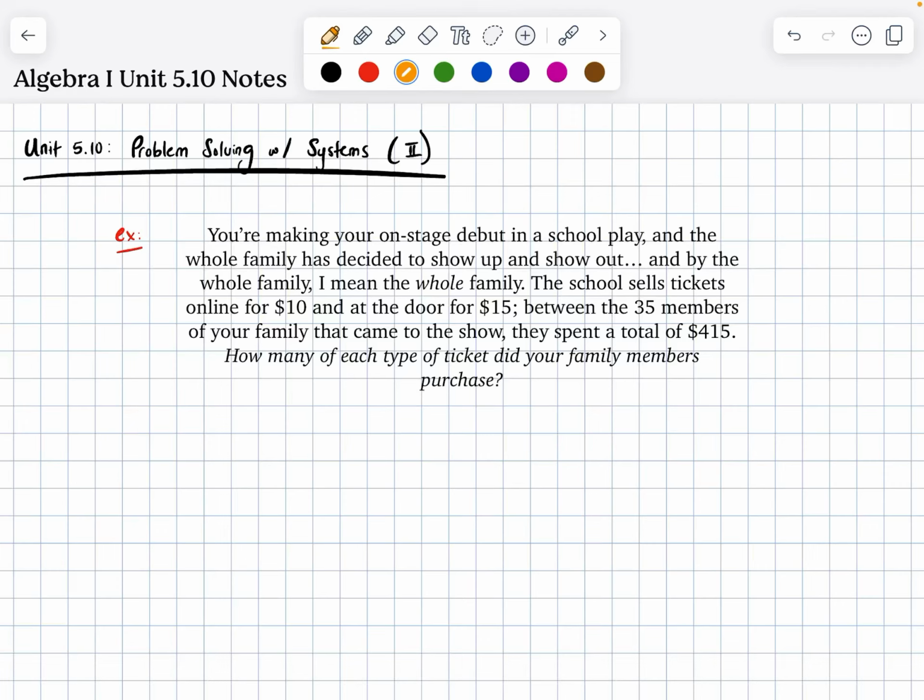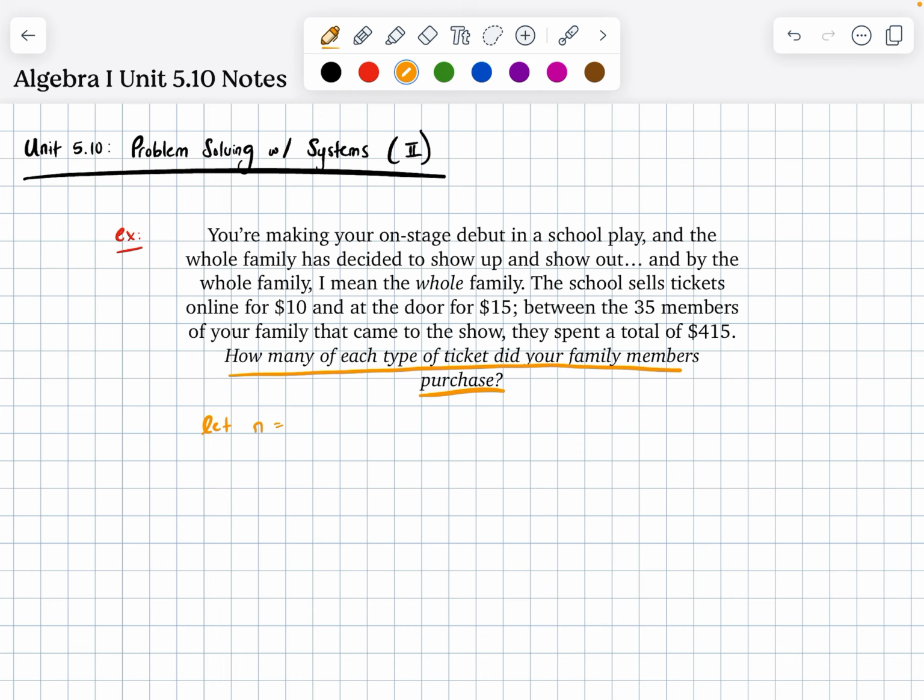All right. I don't particularly need a diagram here. I could draw a stage, but that's not really going to help me solve. Let's start with our variables. I'm interested, looking at my last sentence, in knowing how many of each type of ticket was purchased. So I'm going to need 2 variables, one to represent the number of online tickets and one for the number of at-the-door tickets. I could choose O for online, but notice O is easily confused with 0.